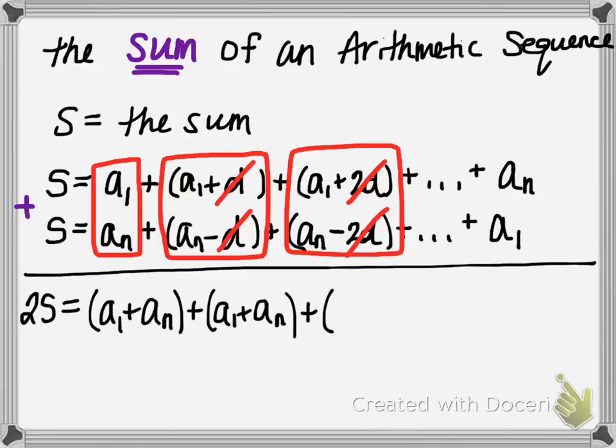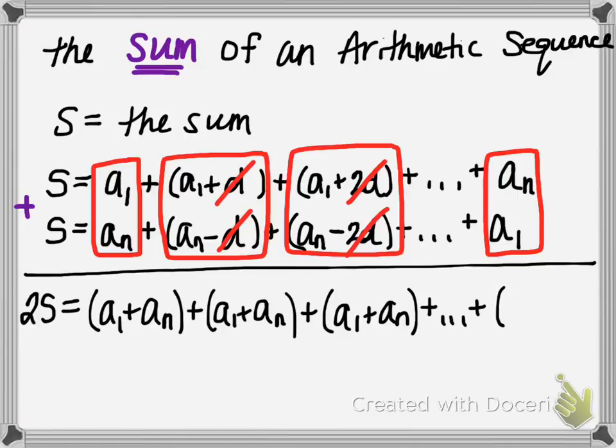Now we have another quantity, a sub 1 plus a sub n. And this subtraction is going to happen every single time for every set of terms. Then we get all the way to the very end where we have our last set, which is a sub 1 plus a sub n. So it's useful to note right now that all of the common differences, d, have subtracted out.